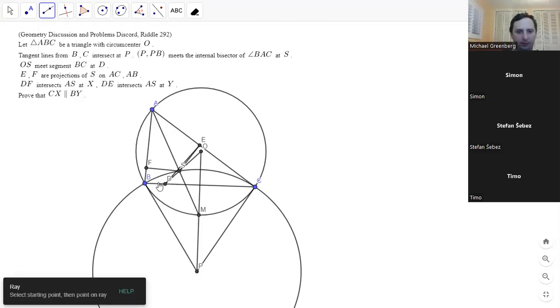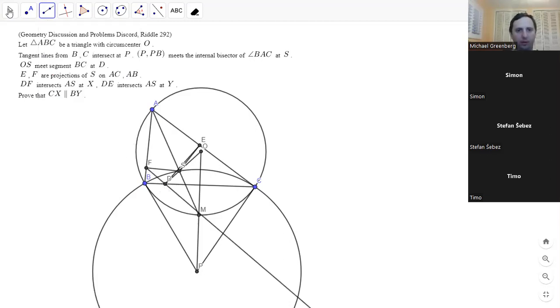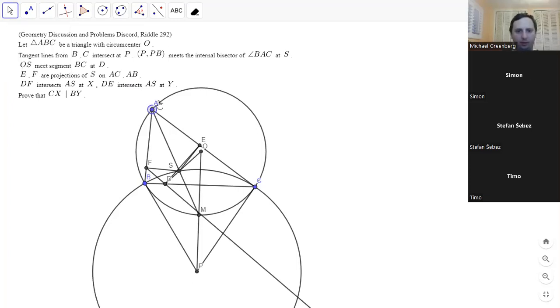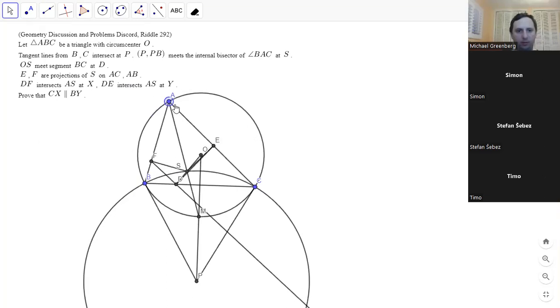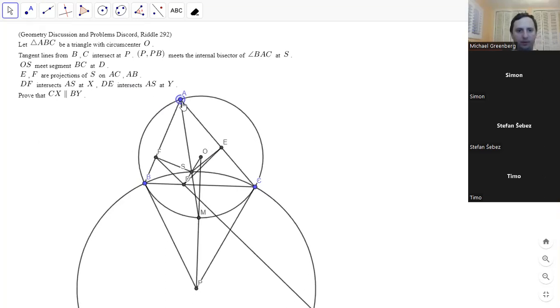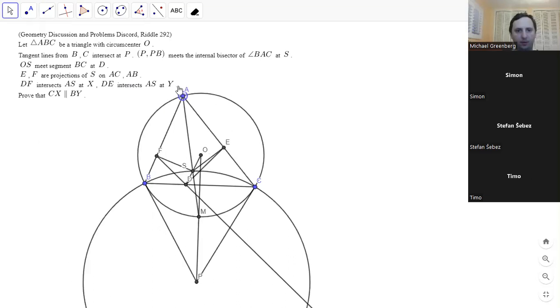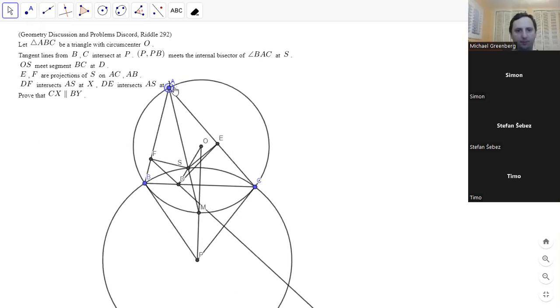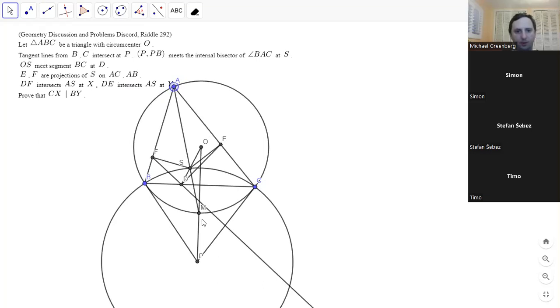Let me see if there's any way I can make it better. Okay, so it could be that they both intersect it inside of the circle. That's what I was hoping for ideally. So maybe something like this. That looks all right.